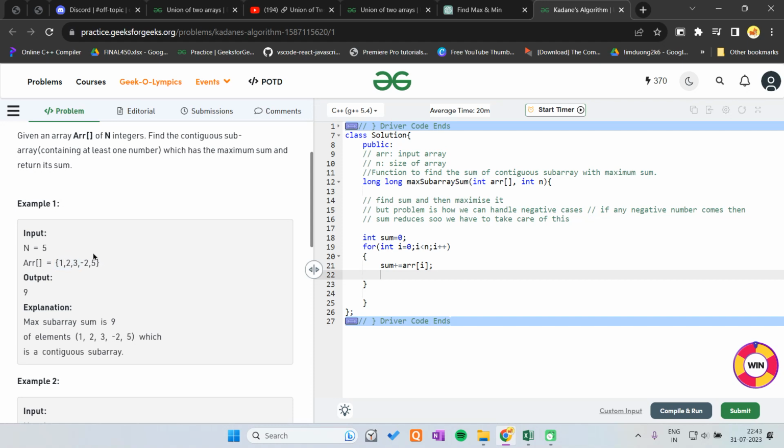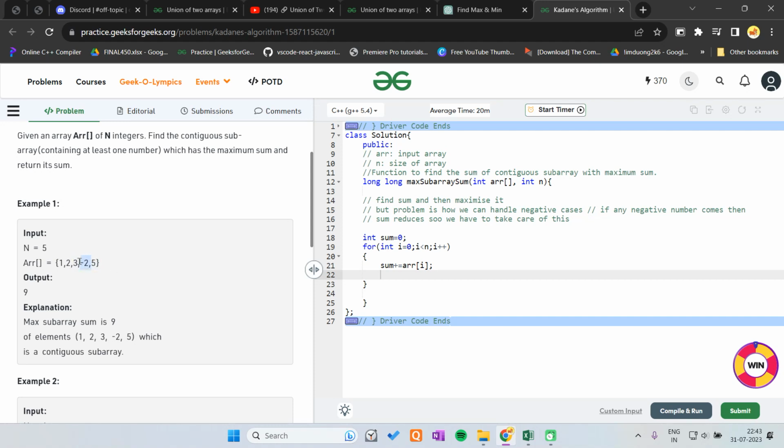But there is again a possibility: what if there is minus 4, then it is still a positive sum, so this will give the max. But what if there is minus 6, then this will give 0 and this will give sum 5, but this is 6, so the sum is reduced.